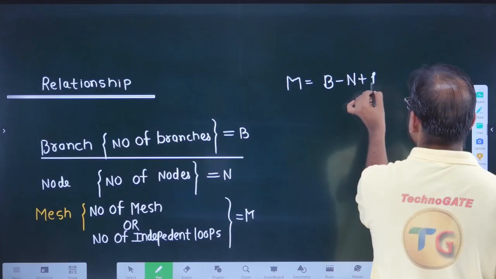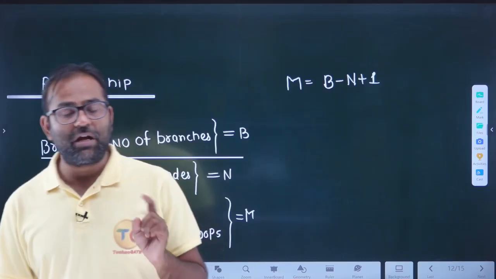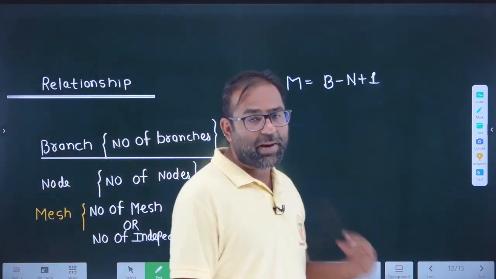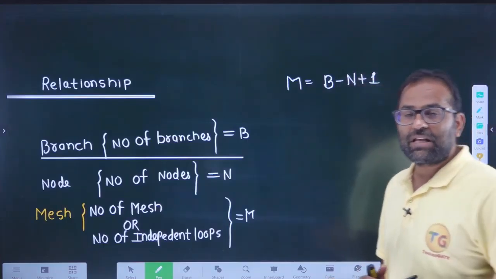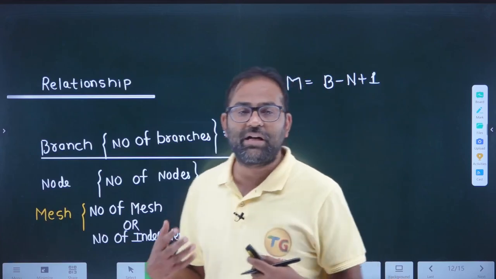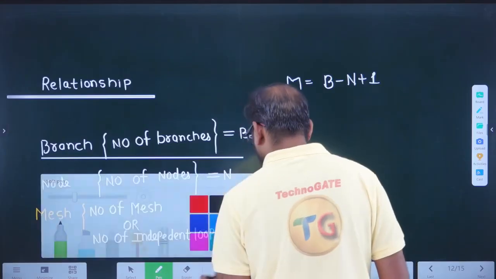So in exams they will give you one of the variables. M represents mesh and it is not loop, it represents mesh. And what is mesh? Mesh represents how many equations you require to solve a network. That we will discuss in KCL. But there is one more thing for mesh.